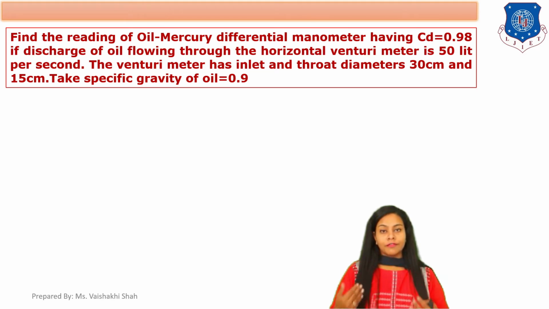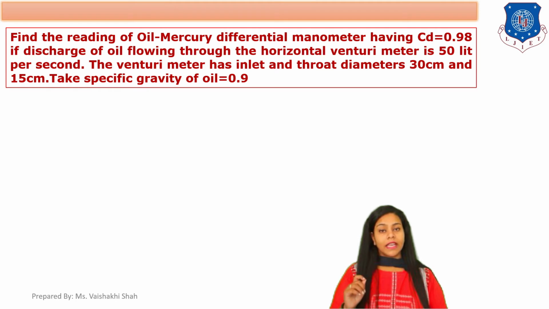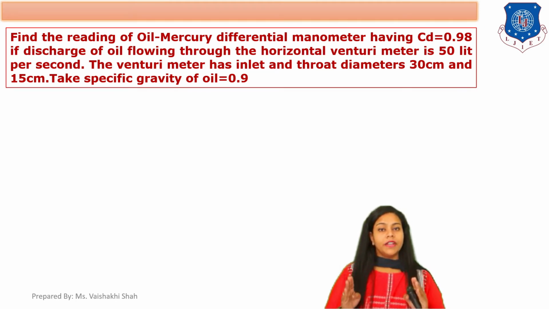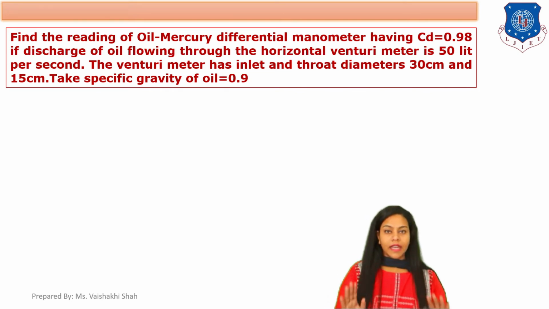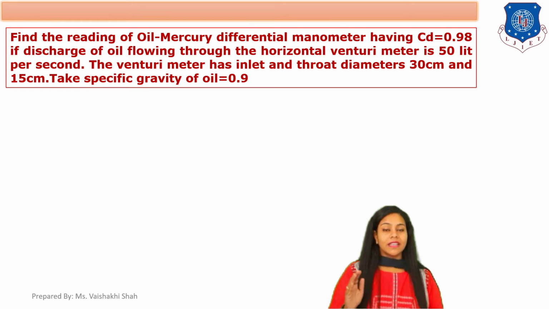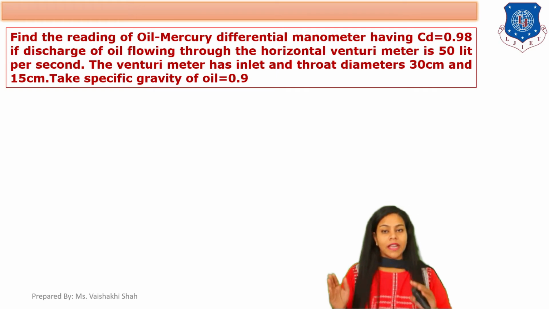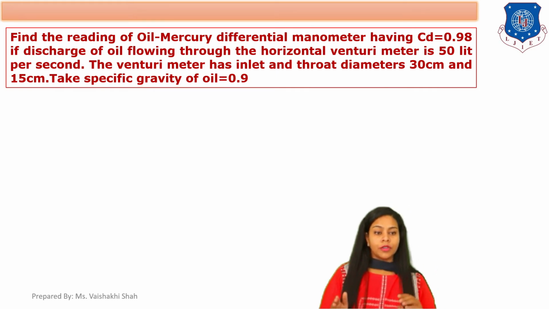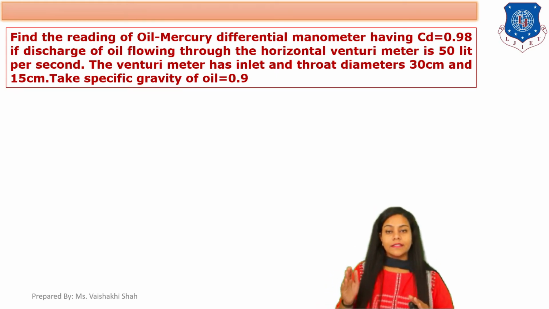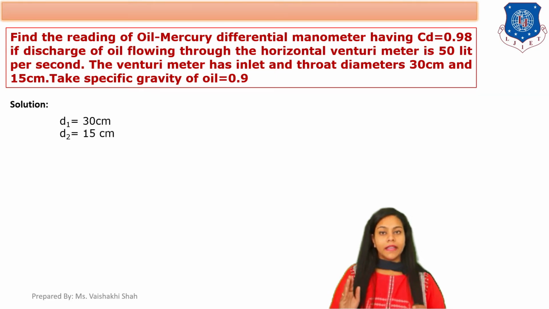First of all, here the flowing fluid in Venturimeter is oil with specific gravity 0.9. So here S1 equals 0.9. Now diameter at section 1 is 30 centimeter, so D1 given to you is 30 centimeter, and diameter at section 2, which is throat, is 15 centimeter. So D2 equals 15 centimeter.